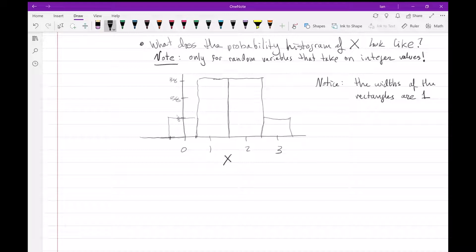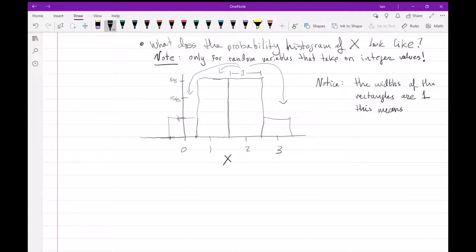What that means is, if a rectangle has width 1, then its area is equal to its height, because the area is height times width, and width is 1, so it's just height times 1.